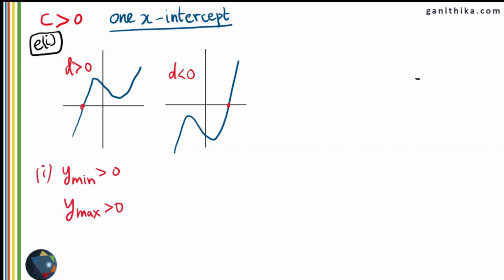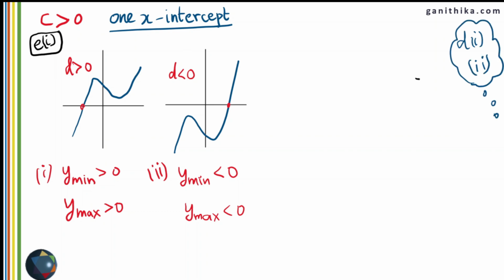In the first case, both y maximum and y minimum are above the x-axis, therefore the coordinates are going to be positive. In the second case, both are going to be below the x-axis, therefore they are both going to be negative.